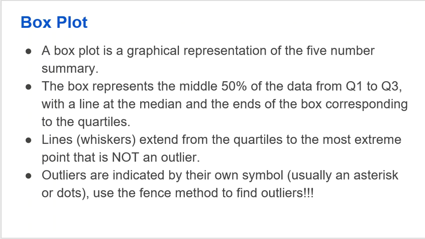Now, this is important: the whiskers go to the lowest and highest values that are not outliers. If you do have an outlier, first you need to identify outliers. Use the fence method to find outliers. If you have an outlier, you mark it with an asterisk or a special mark, and your whisker goes to the next value that was not an outlier.